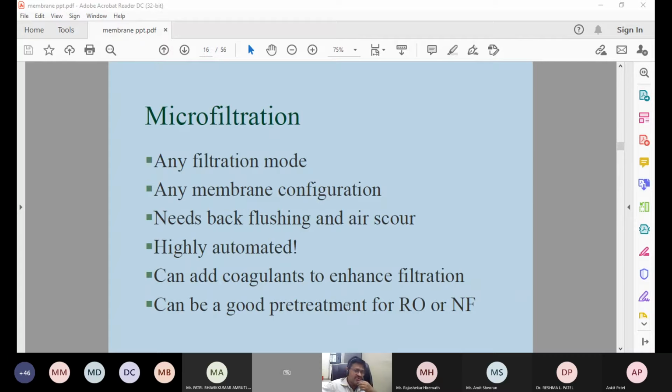So you have to give some pre-treatment before going to RO. Why is that required? Why is this pre-treatment by microfiltration required before going to the RO membrane? Anyone?